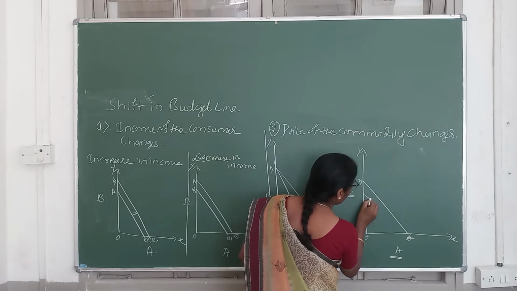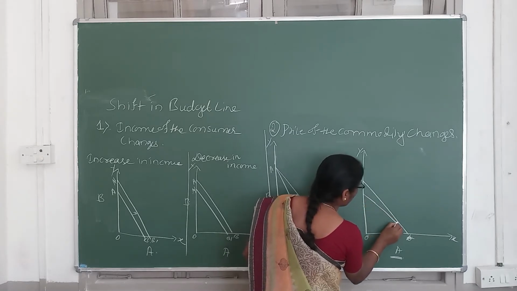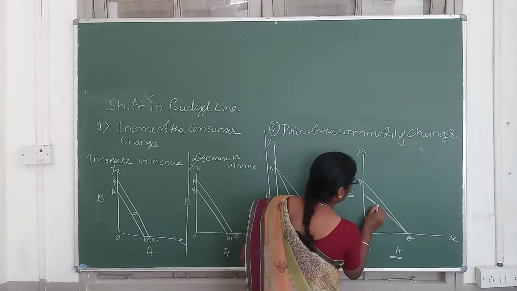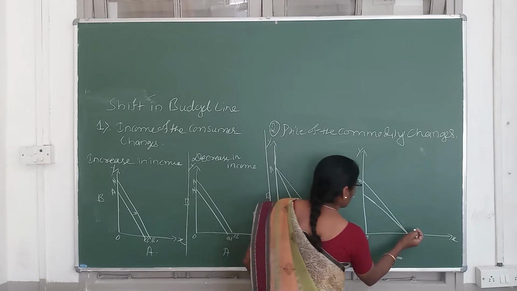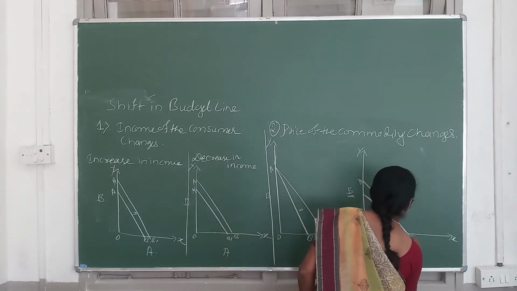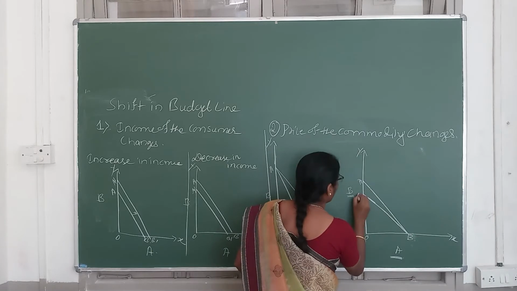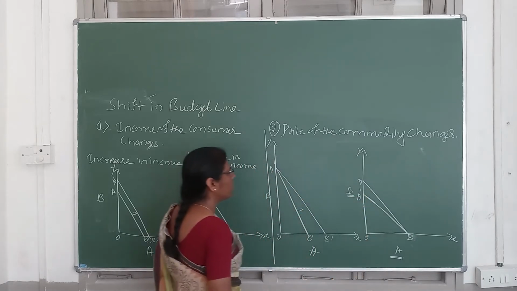Less of banana. So this is B, this is A, C.